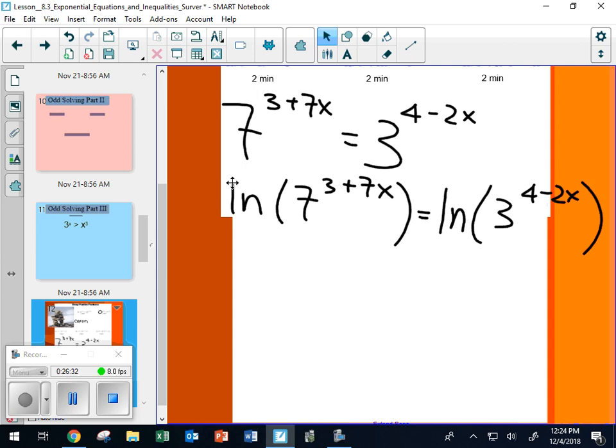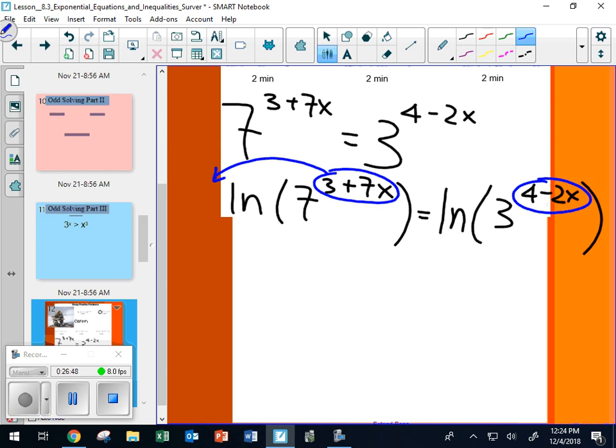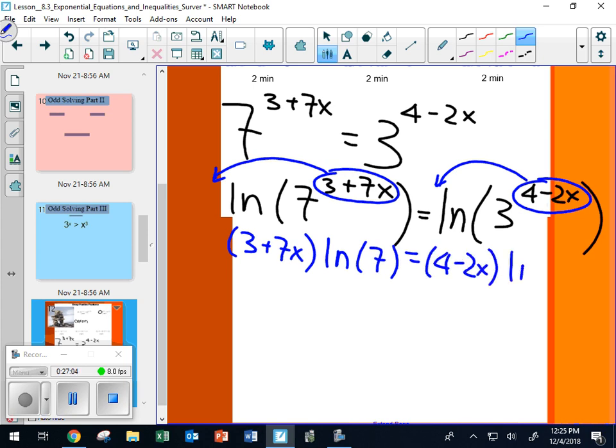Row 6, person 3, can you tell us the next step, which makes our natural log so important? Exactly. Once we have the natural log, we can use our power rule. And the power rule tells us that we can take our exponent and move it outside. So we're left with 3 plus 7x times the natural log of 7 is equal to 4 minus 2x times the natural log of 3.